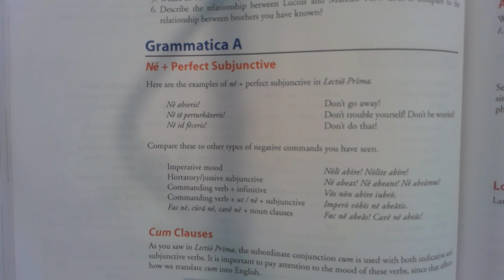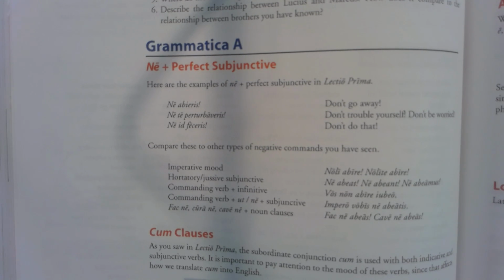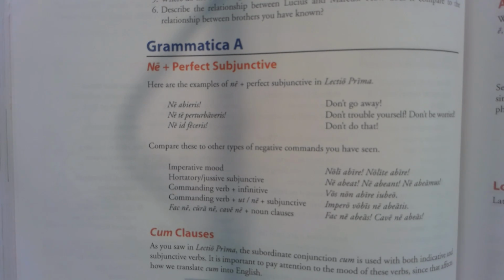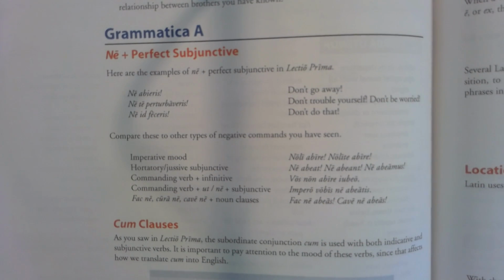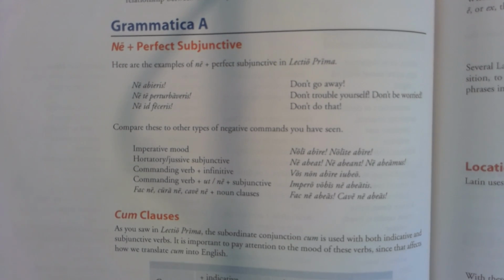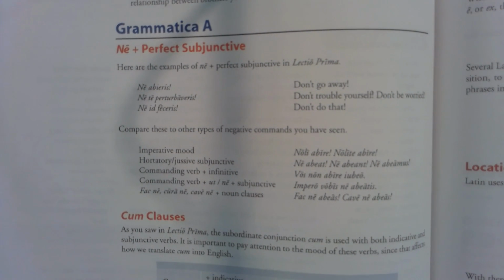Right here, you've got several examples. As we mentioned before, they are the you forms, second person, ne abieris, don't go away, don't you go away. And you can see ne id feceris, don't you do it, don't do that. Any way you want to look at it. Then right below that we have the several different ways to give negative commands.